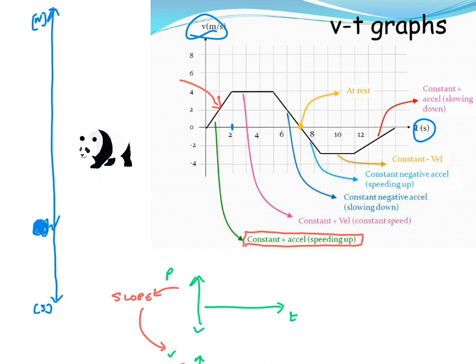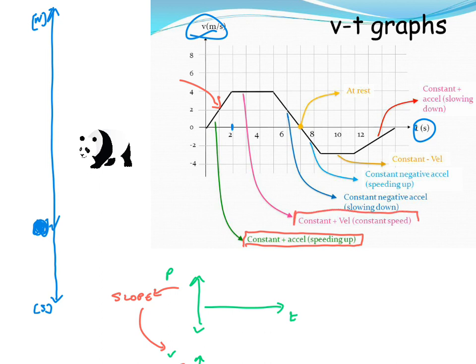Between 2 and 4 seconds, the line is flat. We've got a horizontal line. Now in a PT graph, that would mean that the object is not moving. However, in a velocity time graph, remember you're asking yourself, what is the velocity? And you can see for the period between 2 and 5 seconds, the purple section, that the velocity is not actually changing.